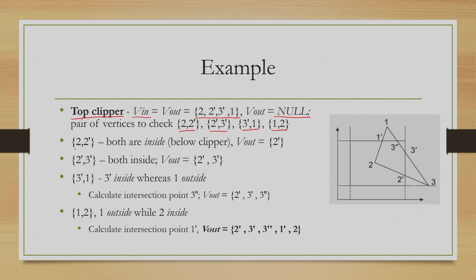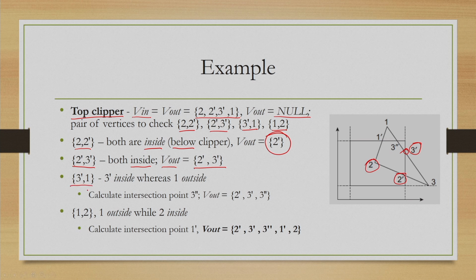First we check 2 2 dash against the top clipper and we find that both 2 and 2 dash are inside because both of them are below the clipper. So, the output list becomes 2 dash. Then we check the next vertex pair 2 dash 3 dash. Again both are below, so inside. Then V out becomes 2 dash and 3 dash.